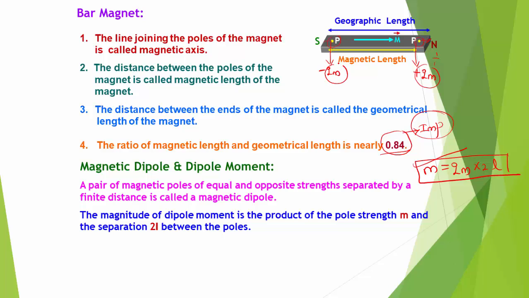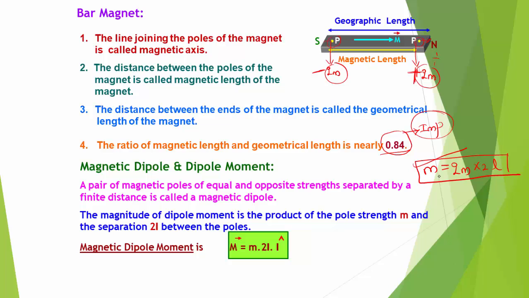Here also QM is the strength of the pole. But for our convenience, north pole is taken as positive and south pole is taken as negative. Right? Magnetic dipole moment means it is the product of strength of the either pole and magnetic length.